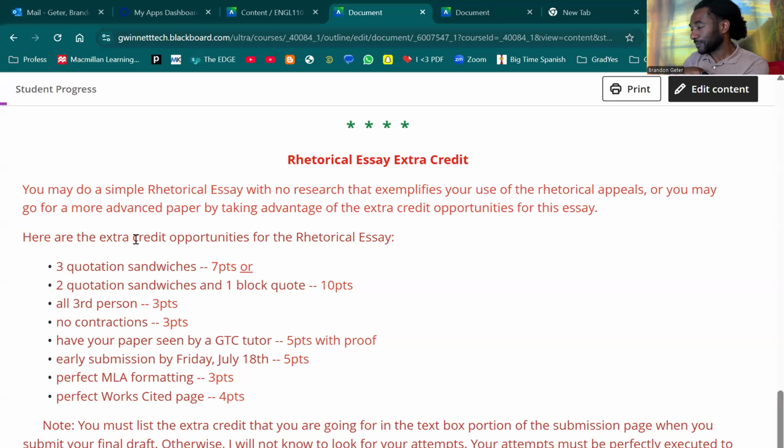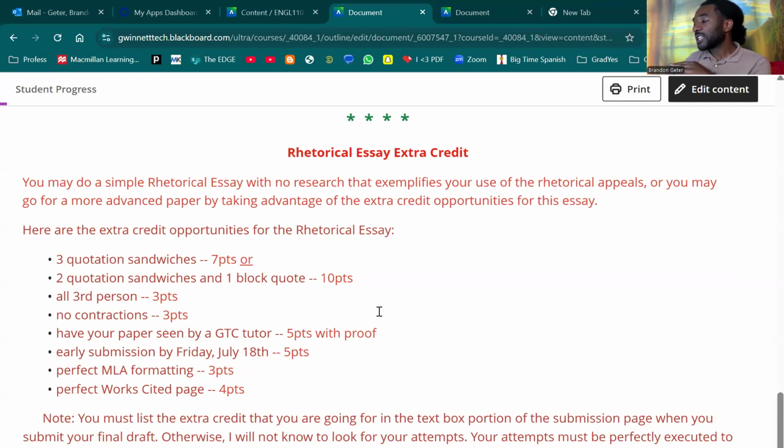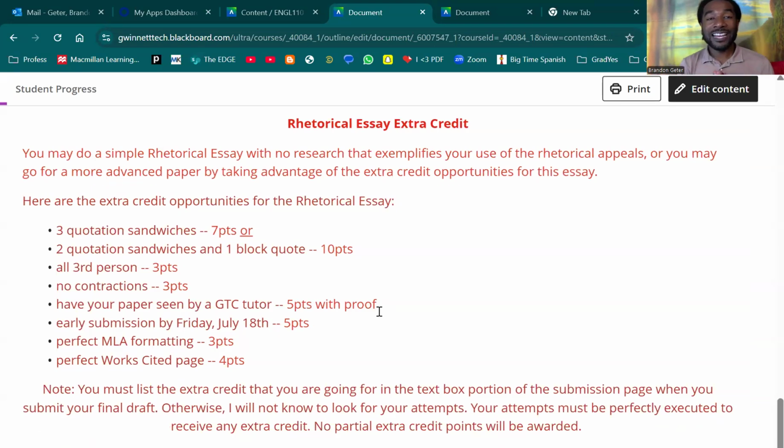Get back to sharing this. Okay, here we go. Boom. So you can turn in a rhetorical essay that is MLA formatted, 5 paragraphs. You use good essay structure, have introduction, 3 body paragraphs, and a conclusion paragraph without any research.